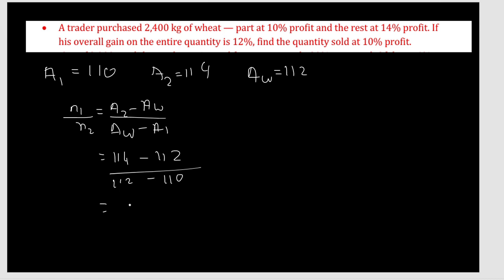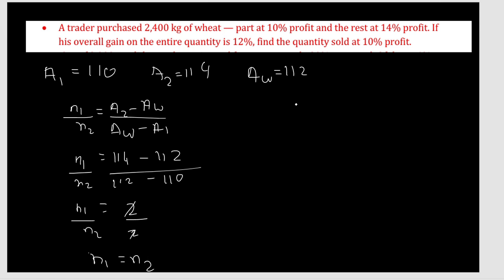So we have substituted everything. We get 2 over 2. So therefore we get N1 over N2, and when we cancel it, we get N1 is equal to N2.